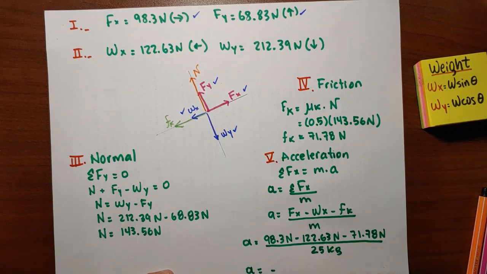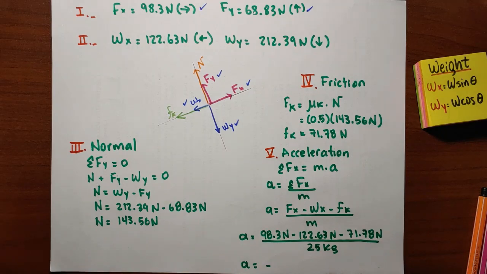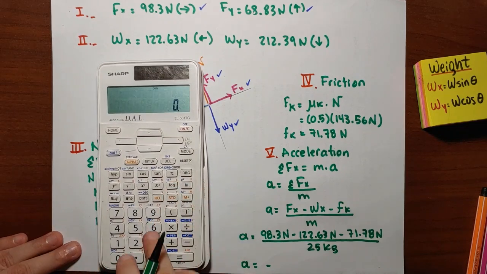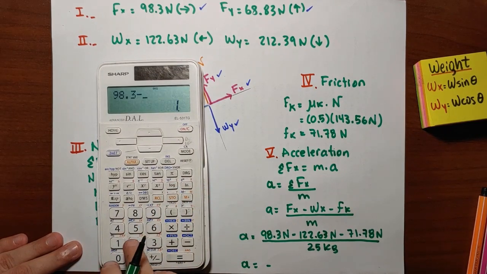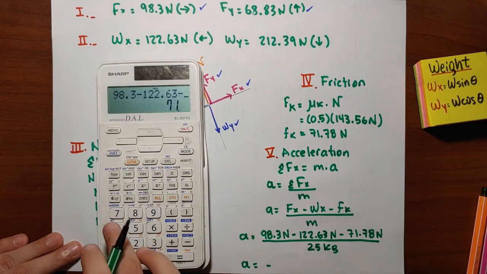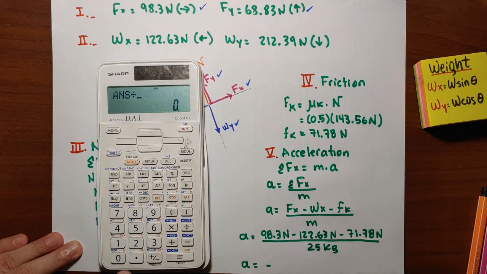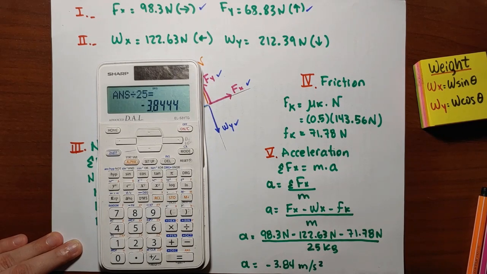So my acceleration is going to be negative, and I'm going to explain what that means. Okay, 98.3 minus 122.63 minus 71.78. The answer that we got, we're going to divide by 25. Negative 3.84. Negative 3.84 meters per second squared.